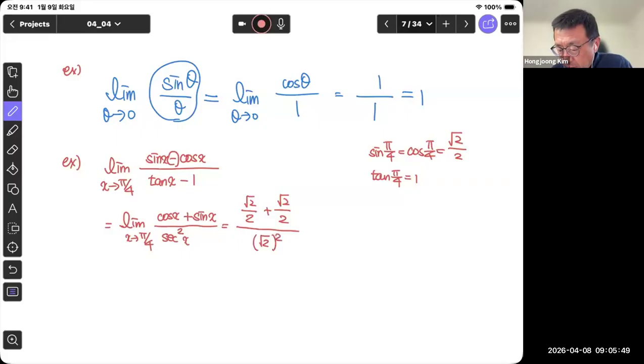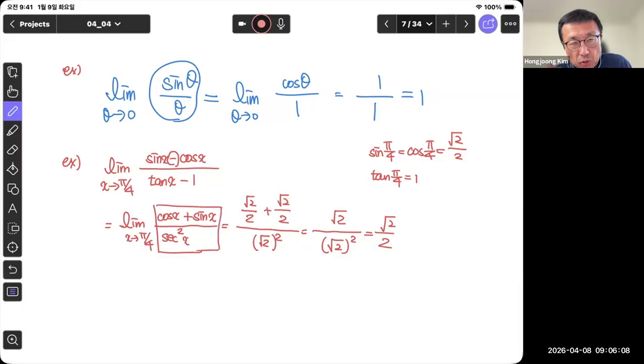If I simplify, you get square root of 2 over square root of 2 squared, so square root of 2 over 2. That is the limit of this expression, and by L'Hopital's rule, that will be the limit of the original problem.